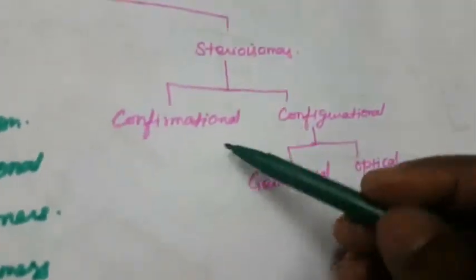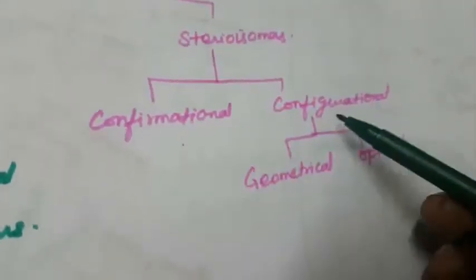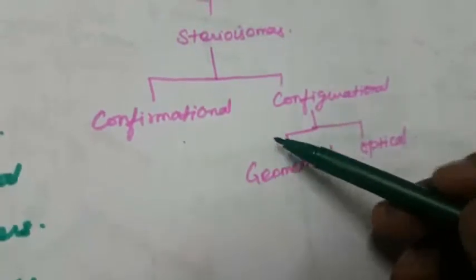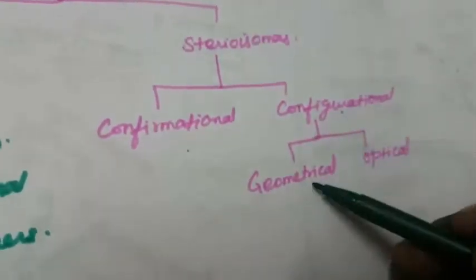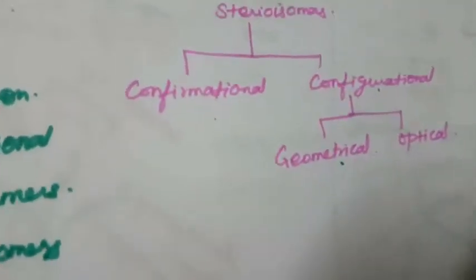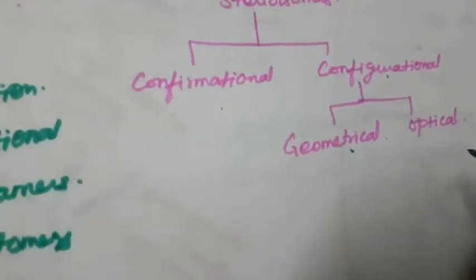Stereoisomers are conformational and configurational; the configurational includes geometrical isomerism and optical isomerism. In this chapter we are going to look briefly at all of these.